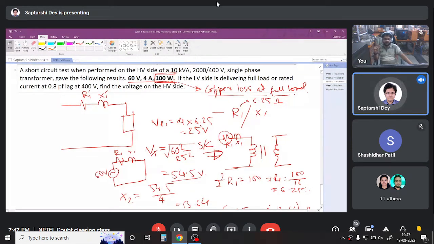If we apply the rated voltage in the primary, we will get a voltage less than 400 volt in the secondary with this transformer at 0.8 power factor lagging load. But we are getting 400 volts, so the primary voltage must be higher than the rated. So that is what has been asked here. Find the voltage on the high voltage side. How will you do this?